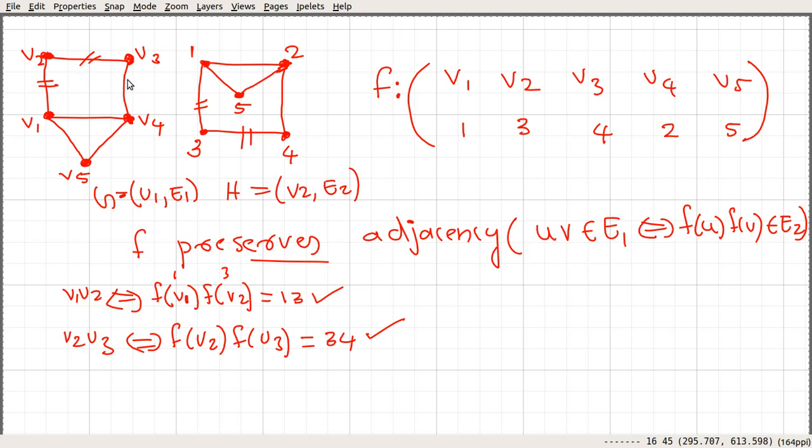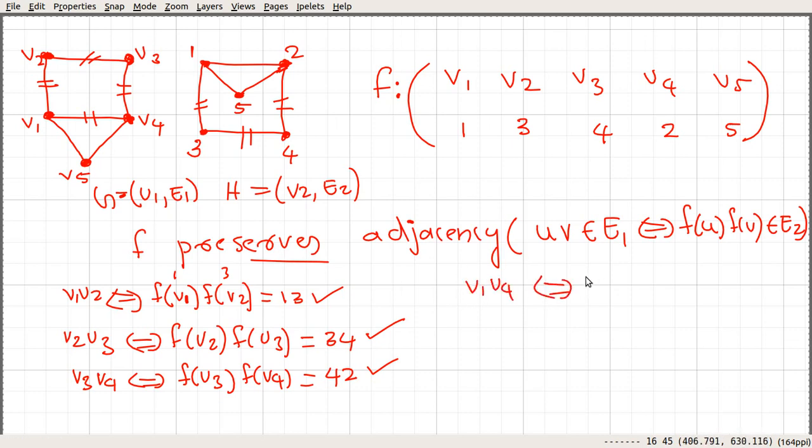Now let's consider the edge V3 V4. f of V3 is 4, f of V4 is 2. Let's see whether 4 and 2 are adjacent in H. Yes, they are adjacent.